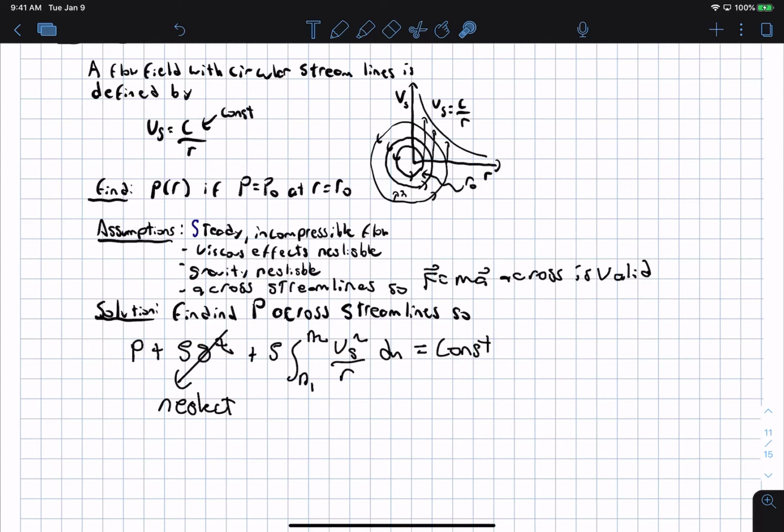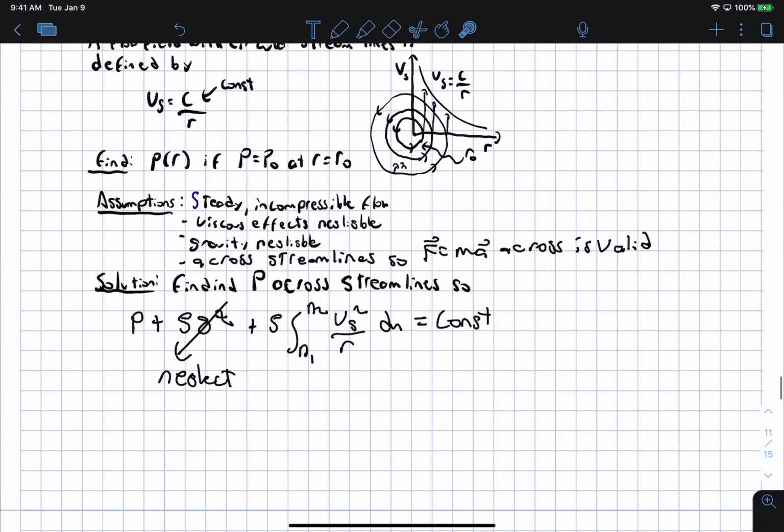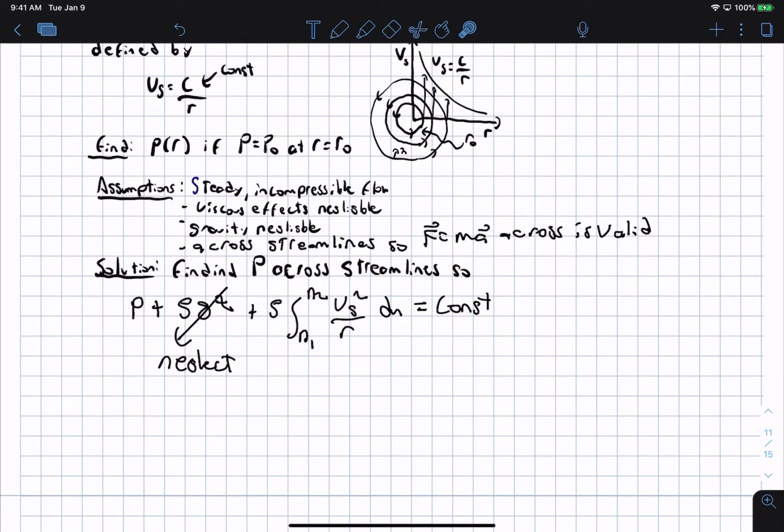Okay, so now one thing we need to do is, this here is n, and n is the direction of the streamline, so we need to relate dn to R. We can see that by just drawing two streamlines here.